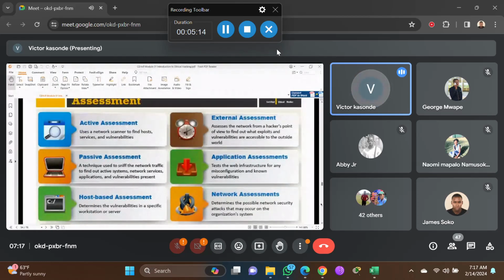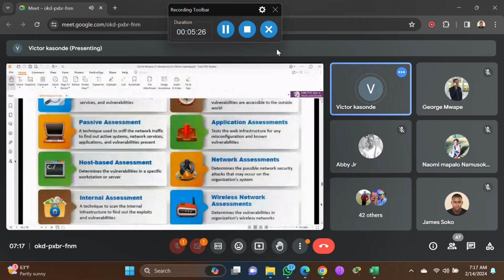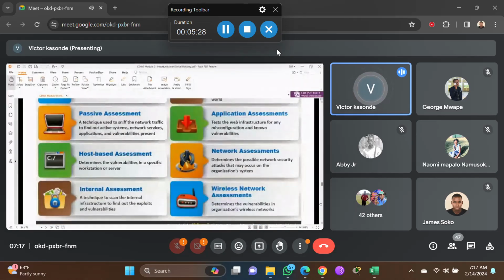So you use sniffers to check whether your system or network is okay. The other one is host-based assessment, which determines the vulnerability in a specific workstation or server. This will check whether the server is okay and whether there are any weaknesses.